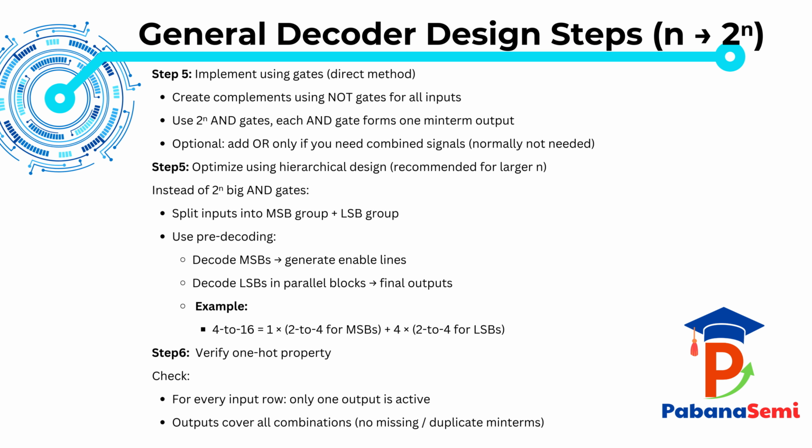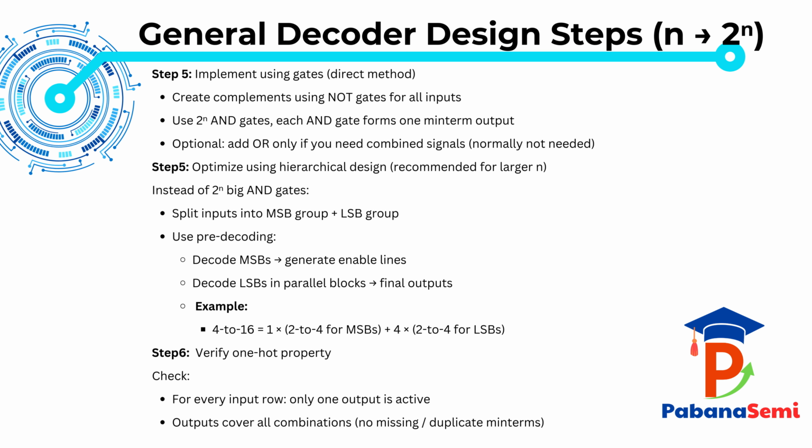Next comes optimization. This becomes increasingly crucial when n is large. Instead of constructing 2 to the power n massive AND gates, we employ a hierarchical design. We split inputs into two groups, the MSB group and the LSB group. Then we do pre-decoding. Decode the MSBs first to generate enable lines. Decode the LSBs in parallel blocks to generate the final outputs.